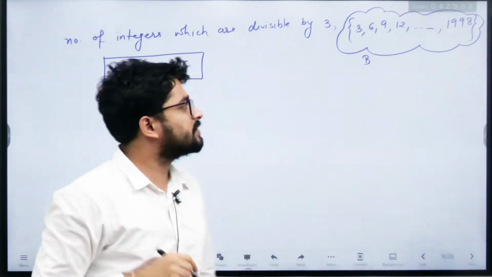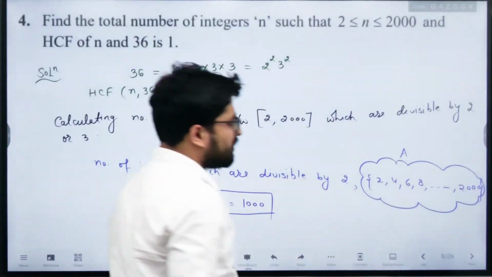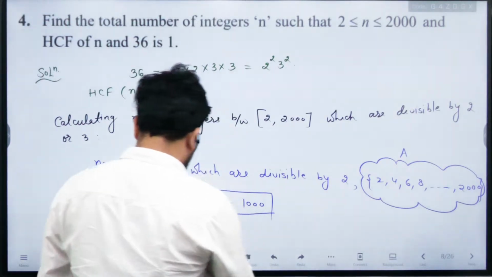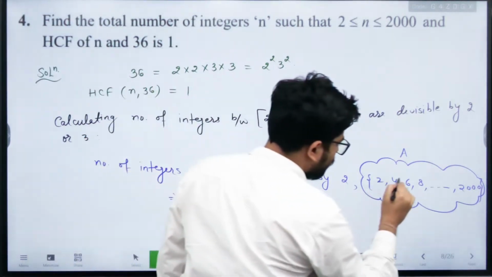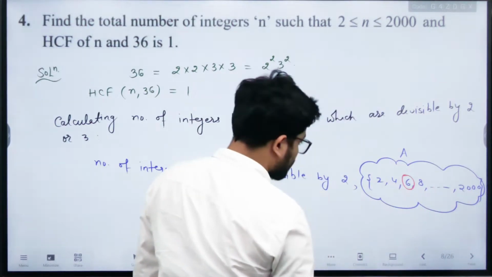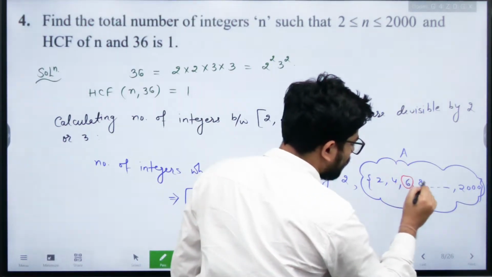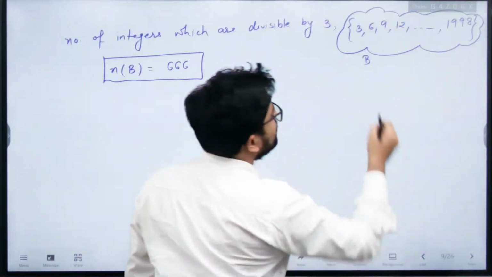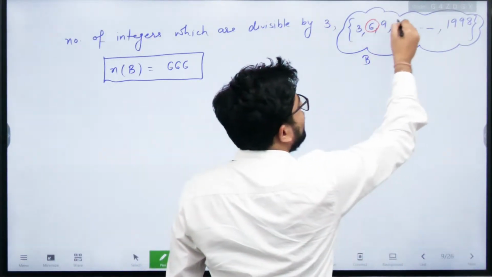But now if you observe, in your set A and set B you have some common elements. These are 6, 12, 18 and so on.